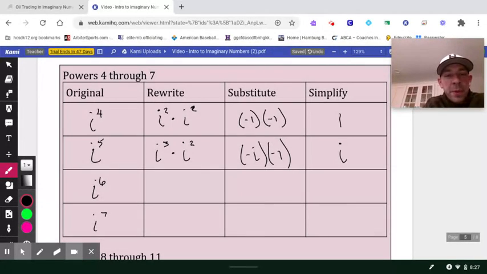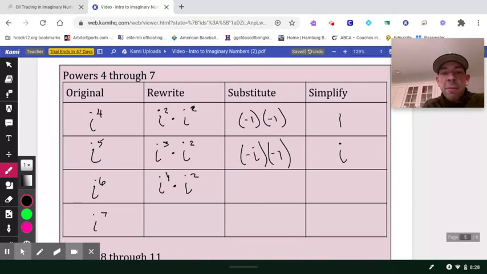Now, how about this one? When you see i to the 6th, I was thinking, let's do i to the 4th times i squared. And again, there's a lot of other combinations you could break that into. Some people decompose that into i to the 5th times i, or maybe i cubed times i cubed. You could do all of those.